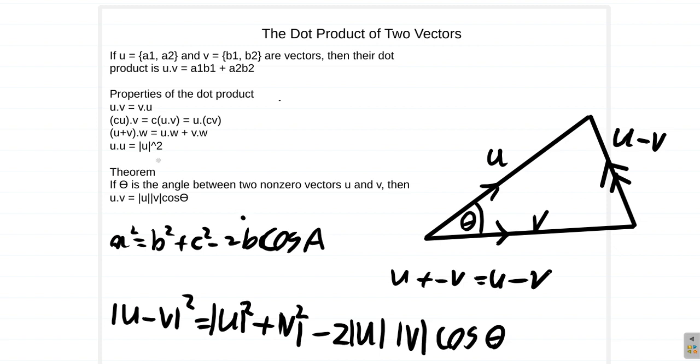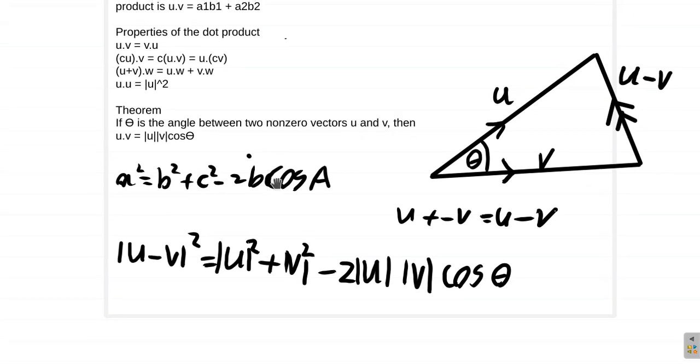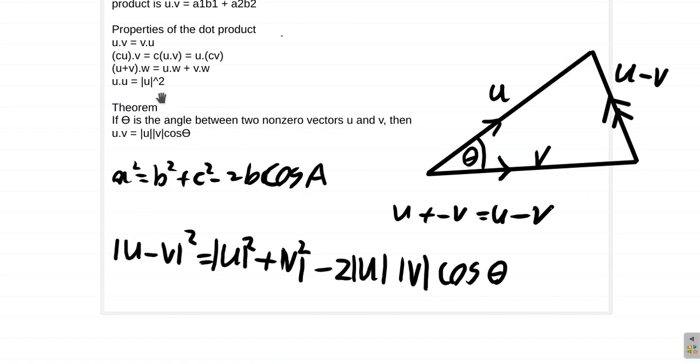So now let us look at this property here. u dot u means the magnitude of u squared. So the magnitude of u squared is u dot u.